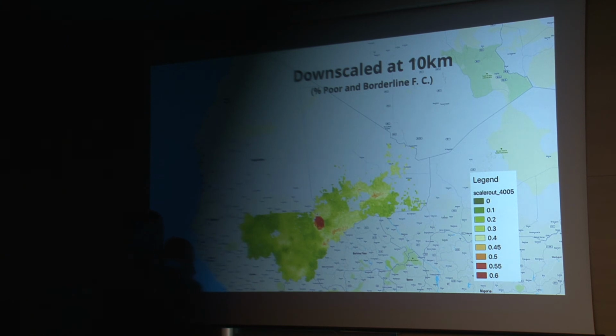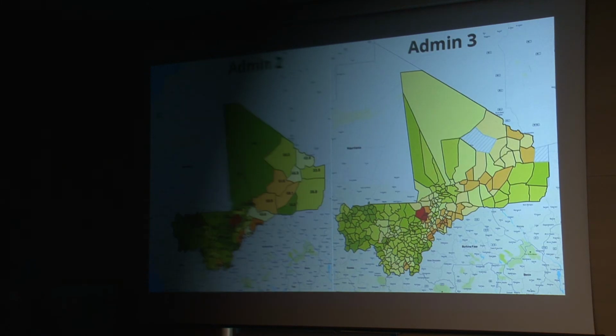So to create a map like this at 1 kilometer resolution, depending on the size of the computer I have, it might take a few hours or a few days, depending on the size of the country, of course. So there's a balance to find between the size of prediction and the granularity that you want, because 1 kilometer might be too small to make any decisions.